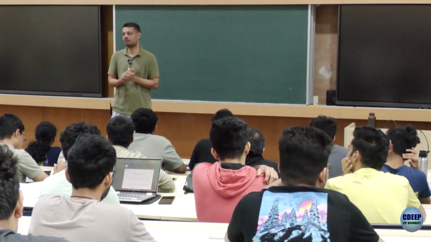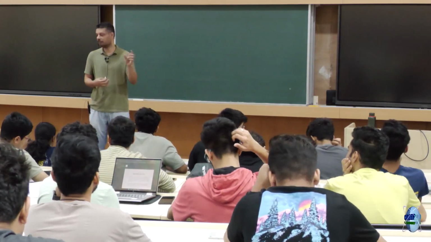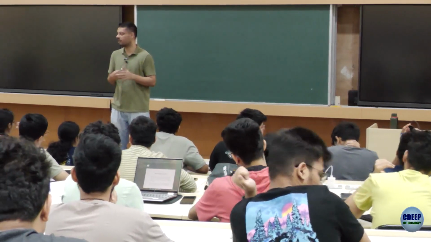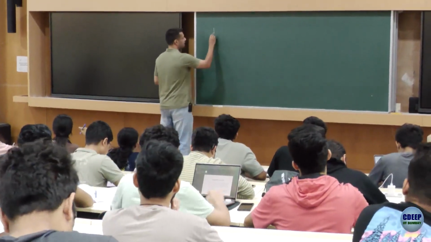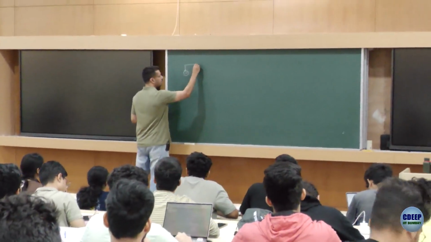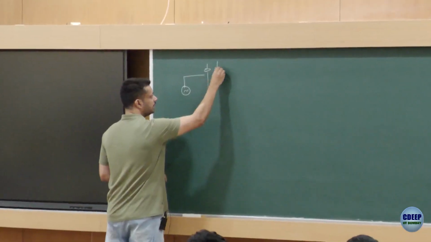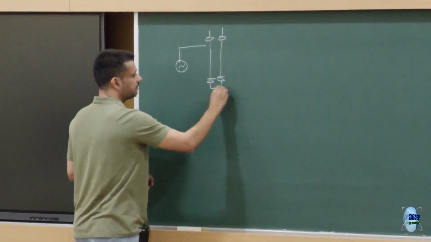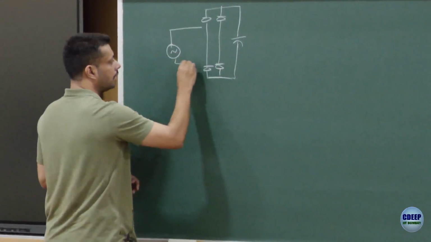Okay, so we are talking about the DC to DC buck converter. If you remember the application of a mobile charger, this is something we have been looking at again and again. You have an AC voltage and then a rectifier bridge, a full bridge rectifier followed by a capacitor.